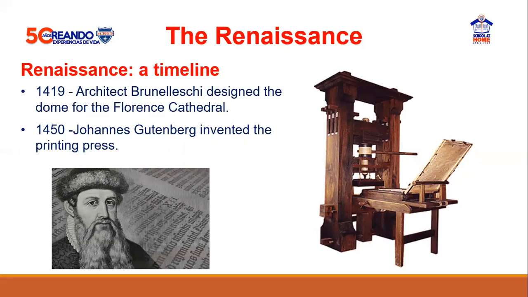He started printing books, and before his invention, books had to be written by hand, basically by monks. The books were in the hands of the church. They were the ones who decided which books were to be translated, published, and circulated.